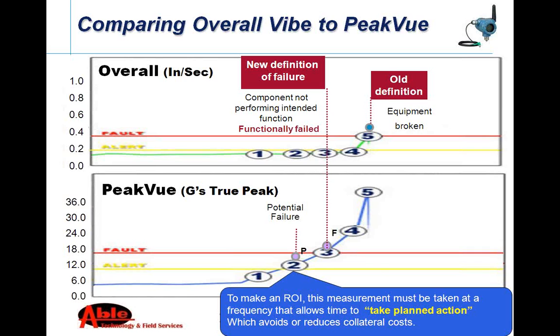With the PeakVue, we are moving really to the left here, trying to pick off an early warning of a failure so that you can plan for it. And we get enough movement with the PeakVue measurement that we can set the alarm limits and really not create any nuisance type of alarming.